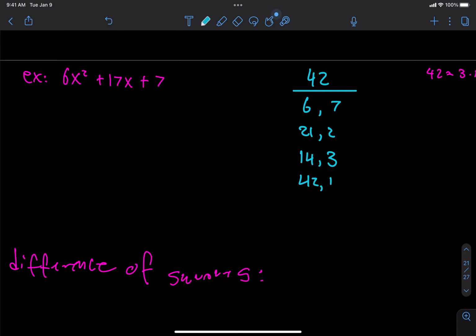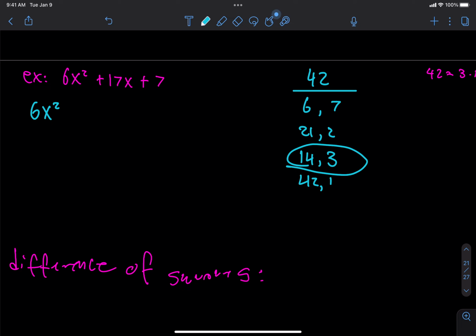Okay, so now that I've identified this is the one I want, what's the next step? What do I do next? Yeah, I'm going to rewrite the polynomial where I split the middle term. So 6x squared, which one should I do? 14 or 3 first? Does it matter? It doesn't matter.